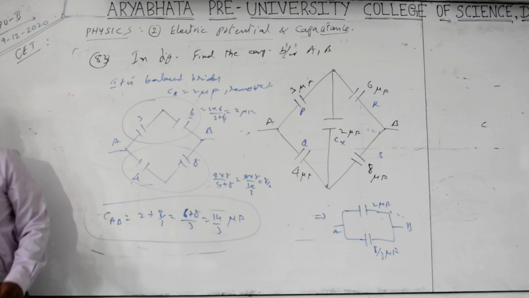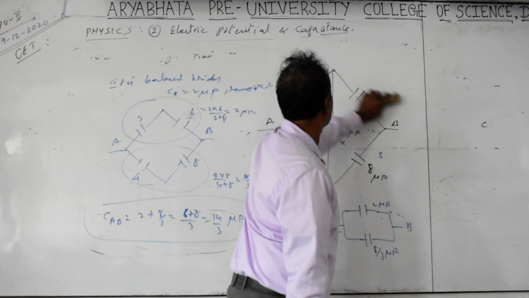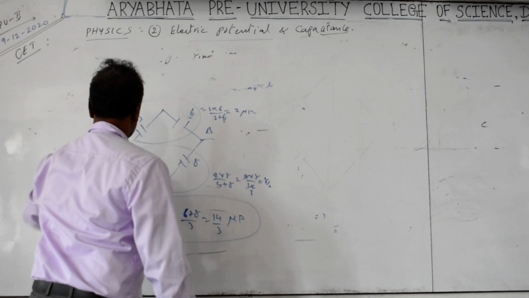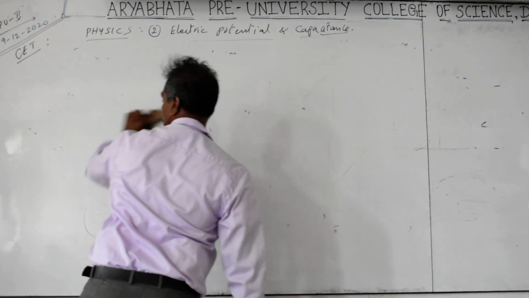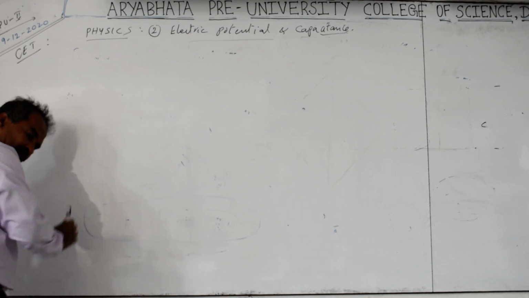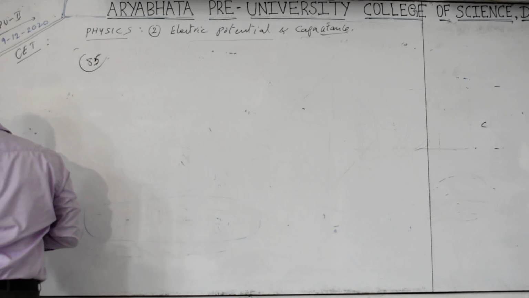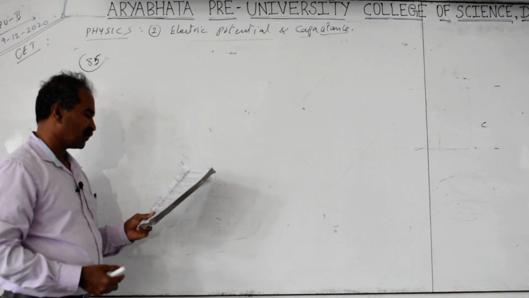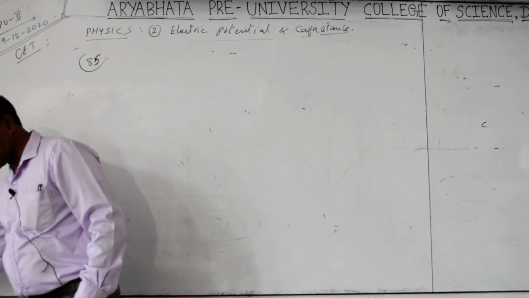Next, 85. An electron is accelerated through the potential difference of 45.5 volts. Find the velocity acquired in meter per second.